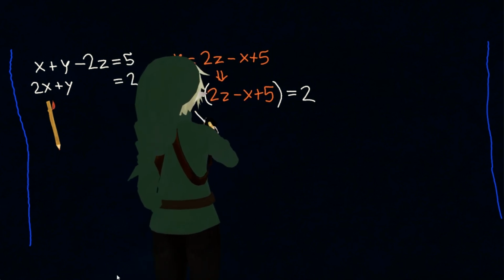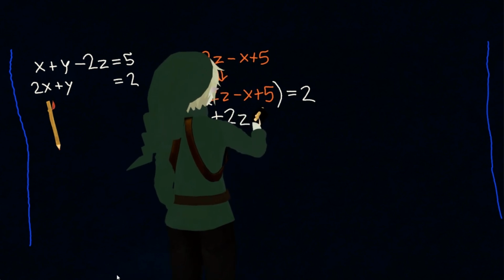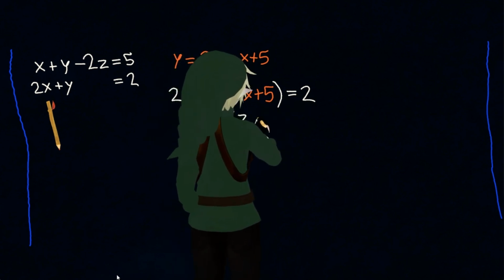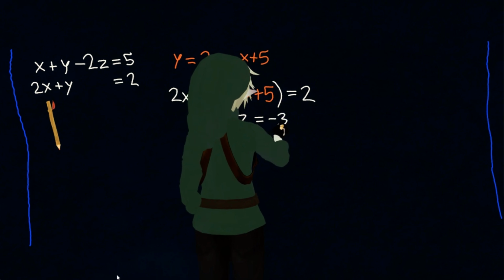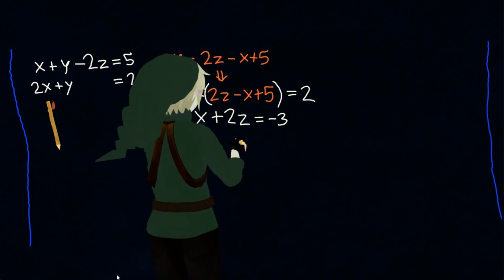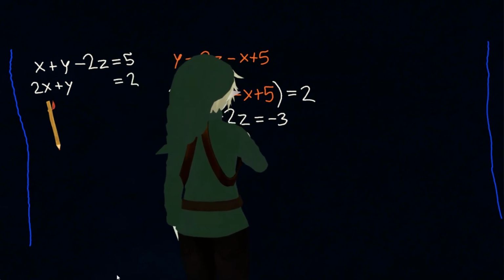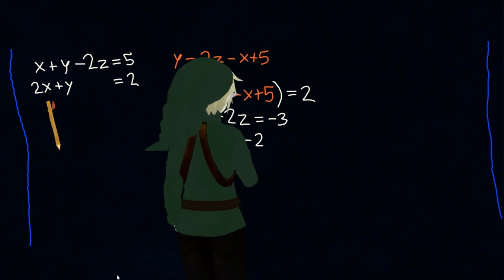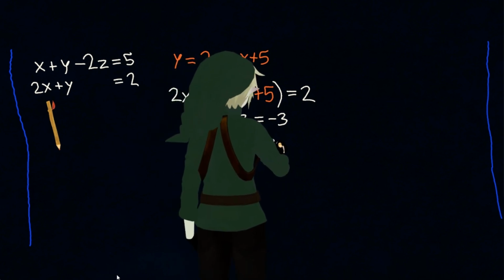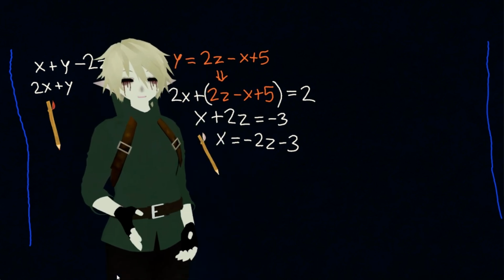So we have x, we have plus 2z, and this 5 can just go to the other side, to negative 3, right? Is that what I have? In fact, we isolate x. So x is equal to negative 2z minus 3. Now, here's the truth about linear algebra.